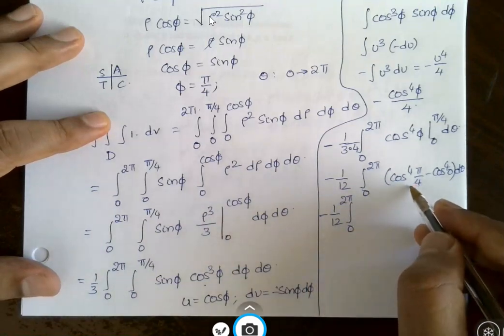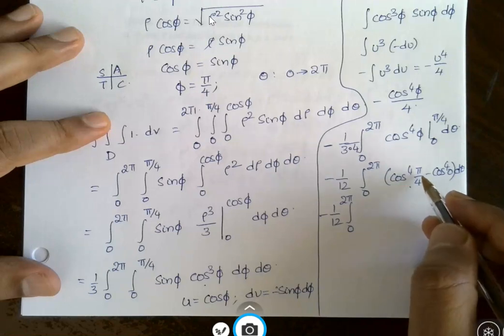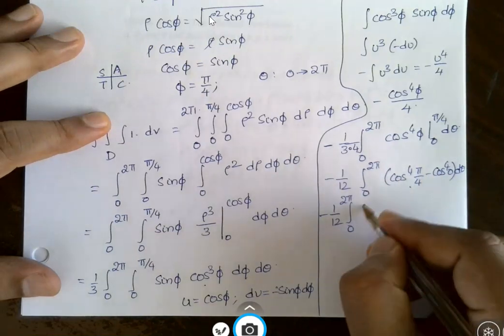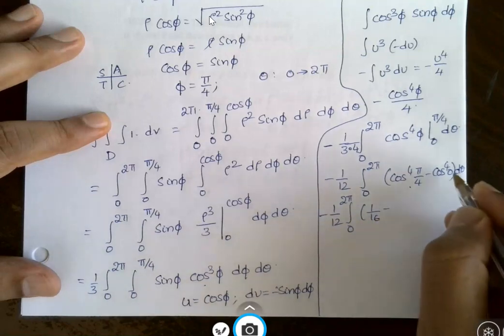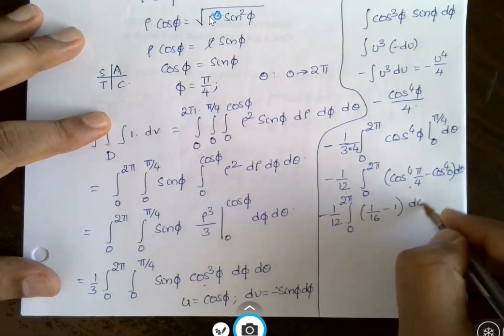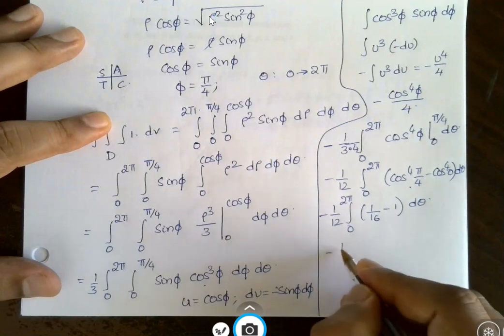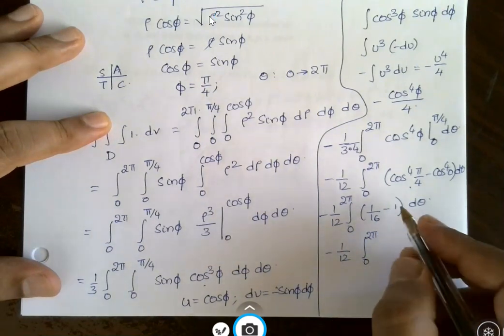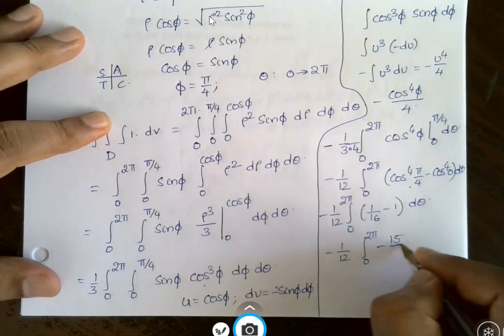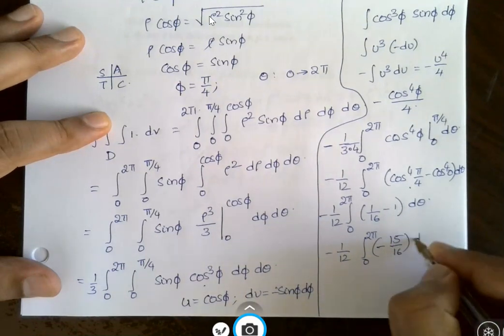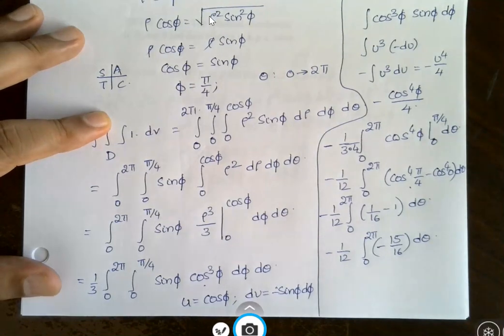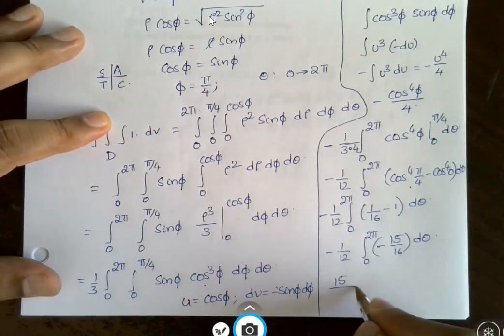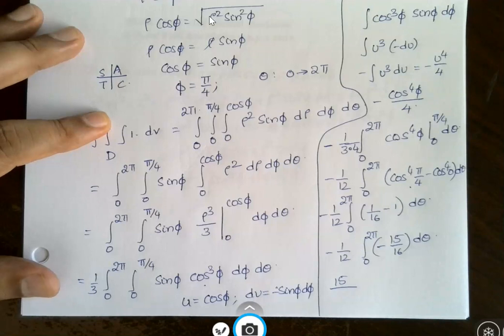Negative 1 over 12, 0 to 2 pi. Cosine pi over 4 is 1 over square root 2, but when you raise it to the 4th power, you get 4 and 4, 16, so 1 over 16, minus 1, d theta, right? So that's going to be negative 1 over 12 integral 0 to 2 pi, negative 15 over 16 d theta, right? When you distribute it, you get 15 divided by 16 times 12 or whatever.